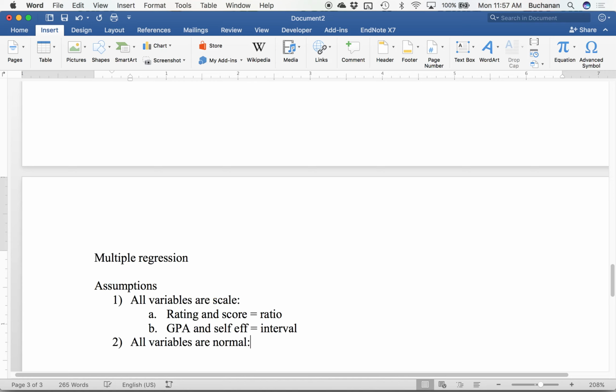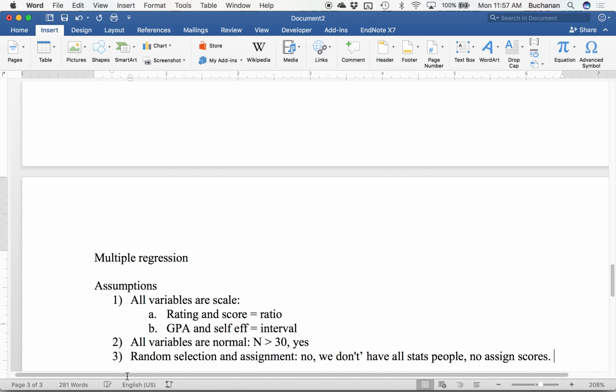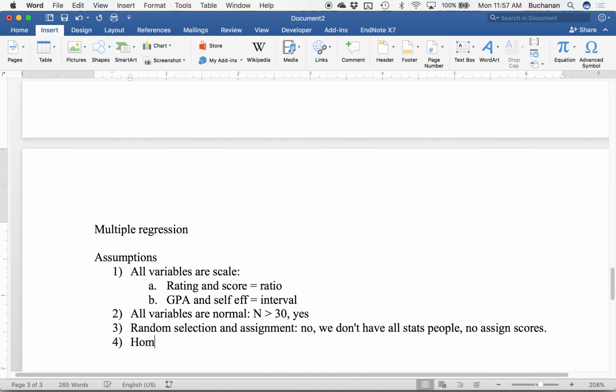And we've definitely got n greater than 30, so we can assume yes. Random selection and assignment, we just finished the same example, so basically no, we don't have all stats people, and I really can't randomly assign you a GPA. Or randomly assign you a score. You probably wouldn't like that very much. And then homoscedasticity, we're going to stop and come back to. And hopefully I will remember to come back to it, unlike in class.